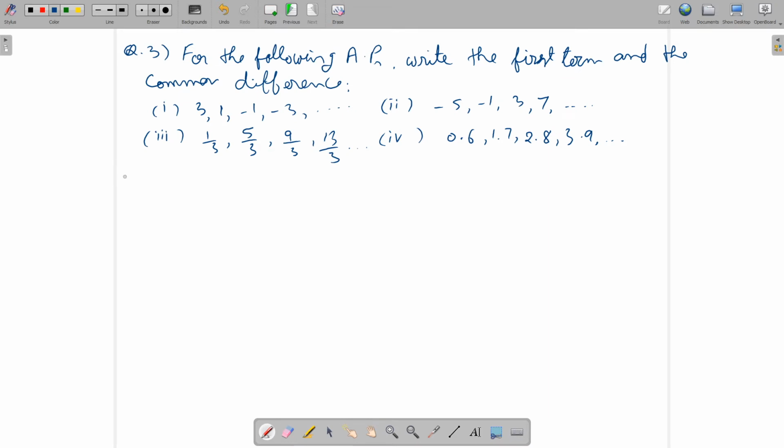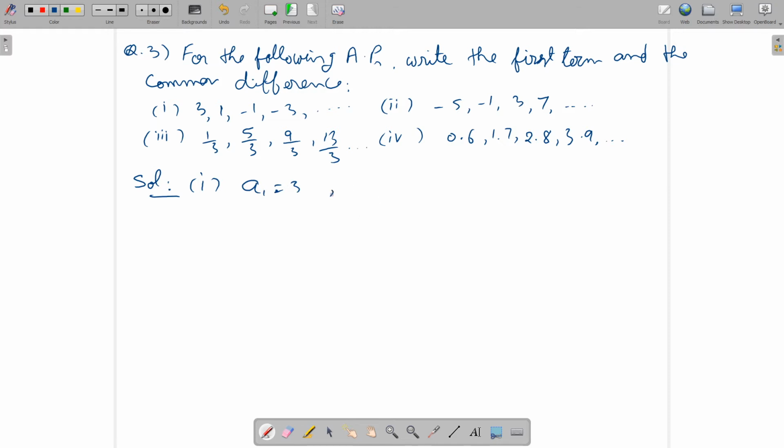Question number 3. For the following APs, write the first term and the common difference. This is a very simple one. Here this is an AP. There is no need to prove that it is an AP because it is already given. So the first term in the first part is A1, which is 3. And what is the common difference?